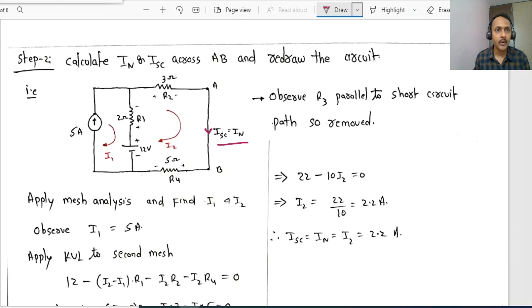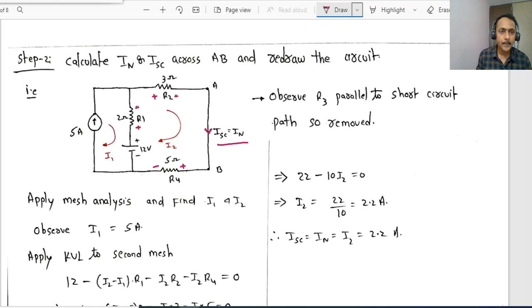For mesh 1, let me take the current I1. Mesh 2, current I2. Now for the voltage values, let us assign some polarities, some positive, negative, and some positive, negative. From mesh 1, we can say that this I1 and 5 amps are both in the same direction.